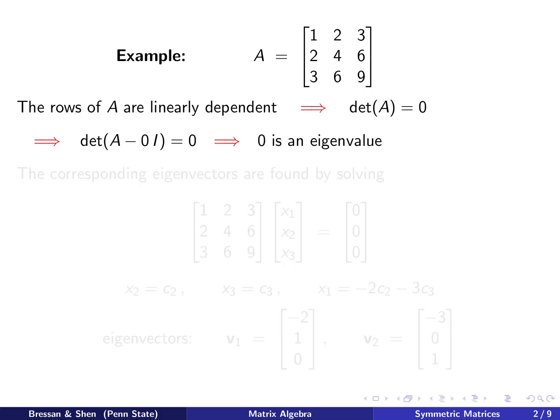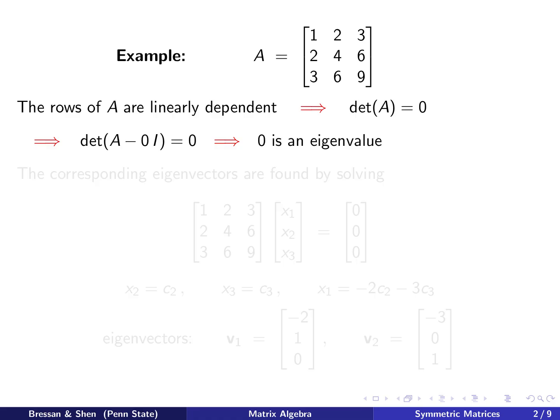Let's now consider the case where the matrix has a repeated eigenvalue, and we'll go through this with an example first. So let's take a matrix A like this, and then we notice that the rows of A are very special in the following sense: if you multiply the first row by 2, you get the second one, and if you multiply the first row by 3, you get the third row.